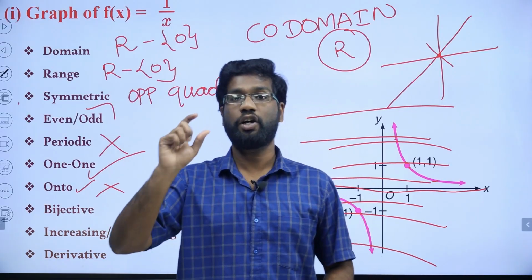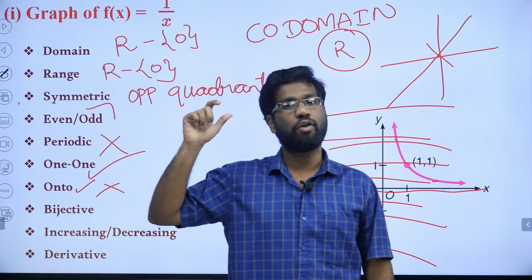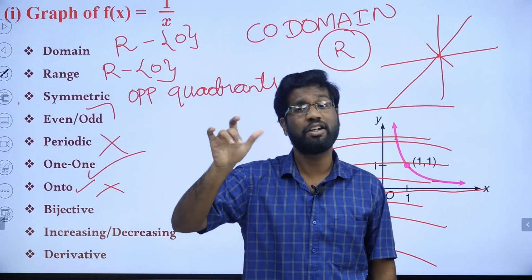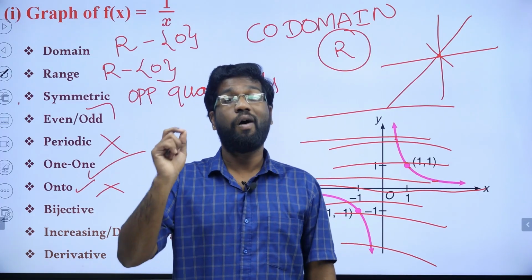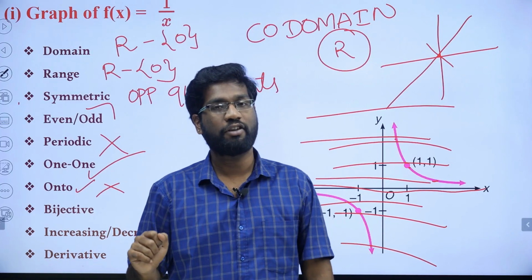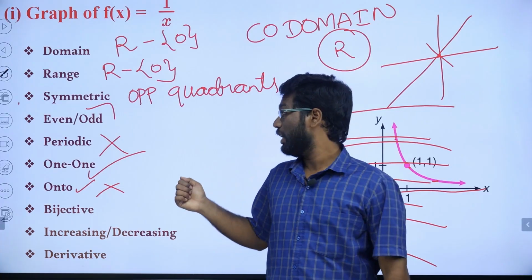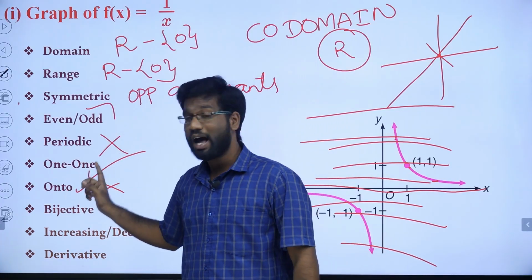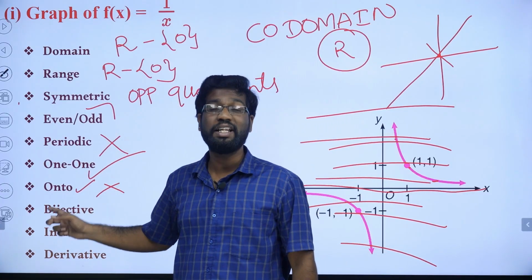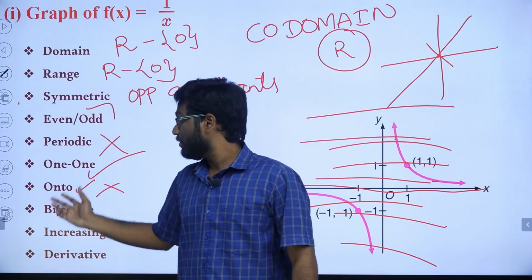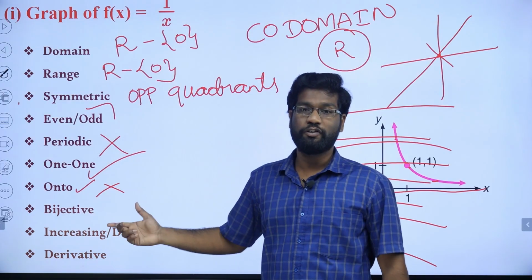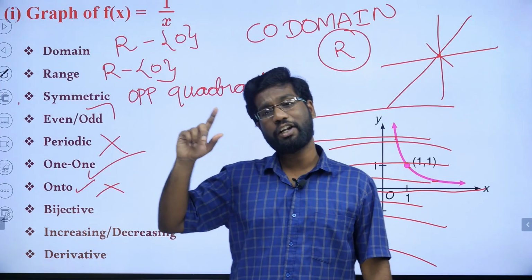So whenever they are asking you whether it is an onto function or not, maybe they'll confuse you, my dear students. At that time you have to be very careful how to find one-to-one and onto function, because these applications are very important in calculus, my dear students. You can directly say that if it is one-to-one, there are so many results.